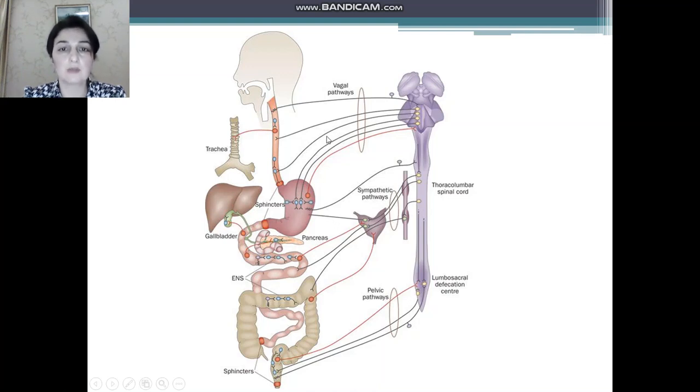Parasympathetic innervation is provided by the vagus nerve in most of the alimentary canal, except for the descending colon, which is innervated by the sacral region of the spinal cord, where the sacral nerves arise.